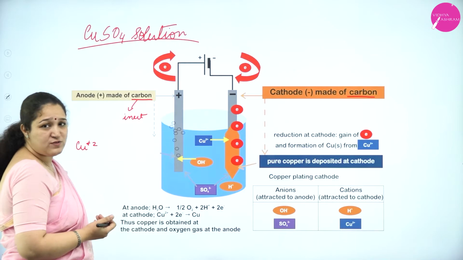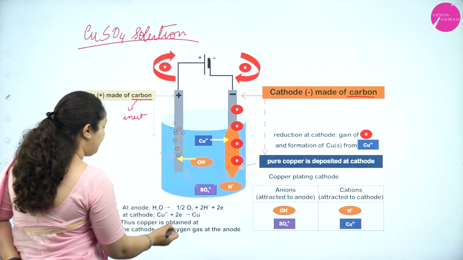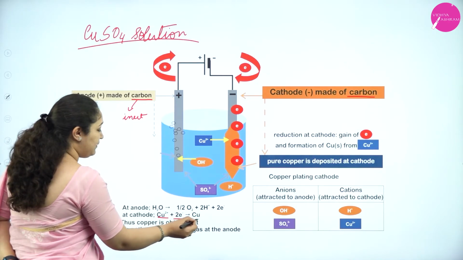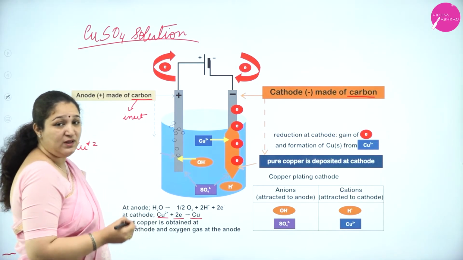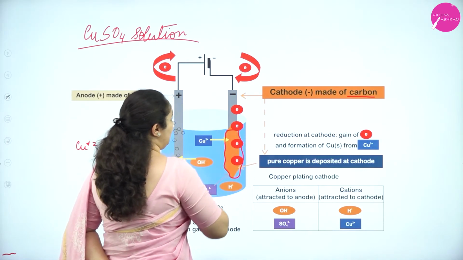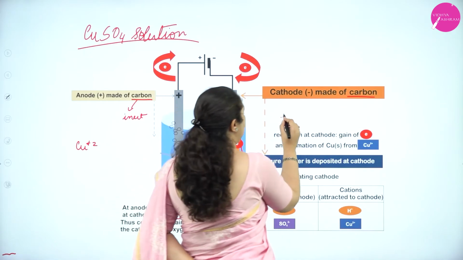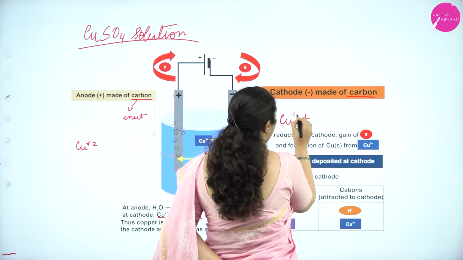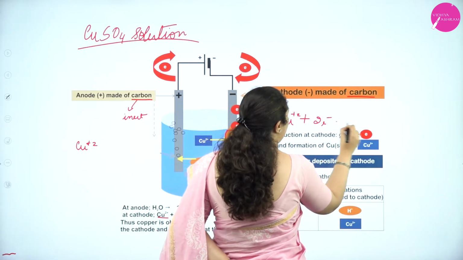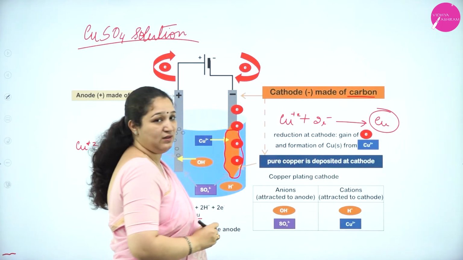And of course, from the solution I have H+ ions, but then what will happen? Copper is accepting electrons to form solid copper and gets deposited at the cathode. So, at the cathode there is a reduction reaction happening, that is, copper ions accepting 2 electrons to get deposited as copper metal.